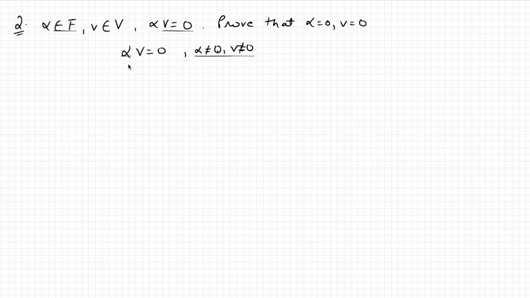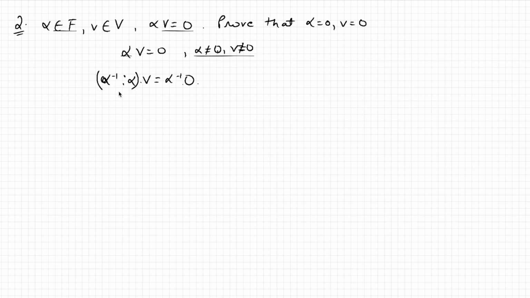Okay, now how do I start? Well, I can eliminate this alpha by multiplying it with its multiplicative inverse. So let us say alpha inverse times alpha V equals alpha inverse times 0. Now these are all real numbers.